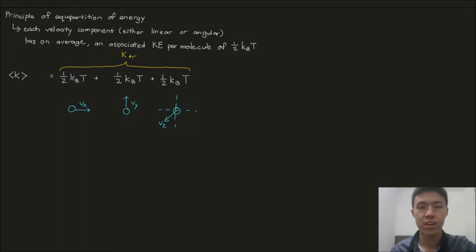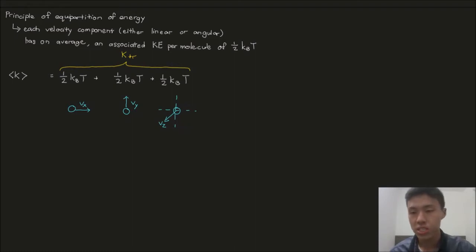So let's say I have a gas particle here. Vx will be in this direction, Vy will be in this direction, and Vz will be in this direction. So three different directions that the particle has the freedom to move. We call this kind of direction that it's able to move degrees of freedom, the freedom to move.